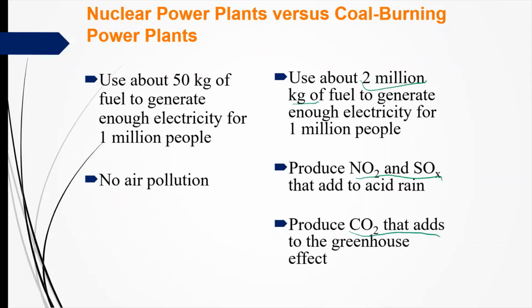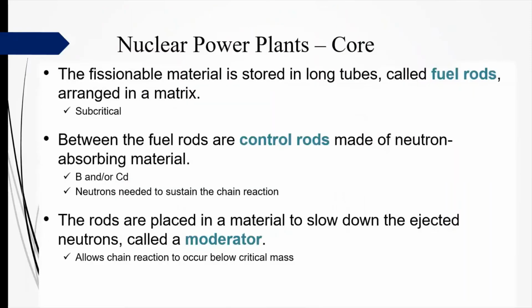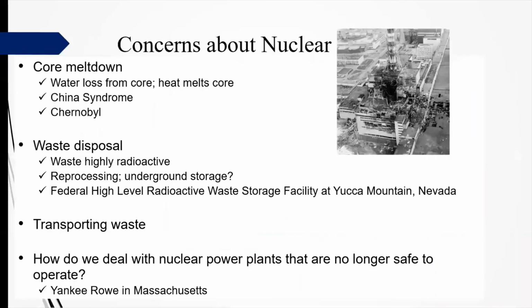But the challenge with it is that there are other materials that get used that we have to hold on to. One is that when water loss happens from the core, then the heat can melt the core, and we can basically have a nuclear meltdown.